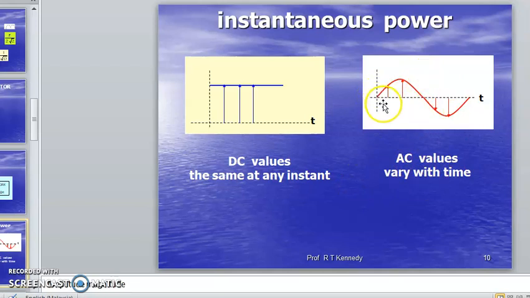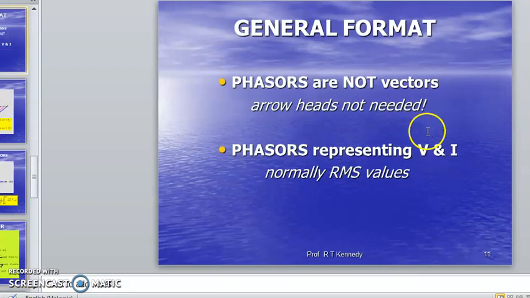This is DC, this is AC. Phasor is not a vector actually, because we are not dealing with a magnetic circuit here.